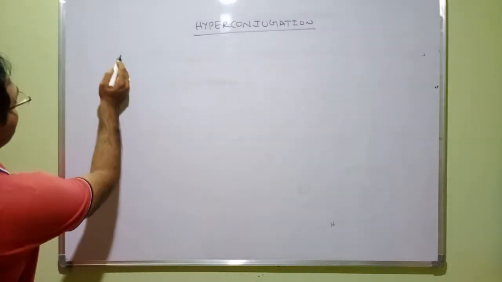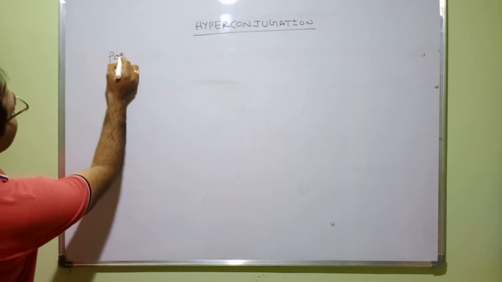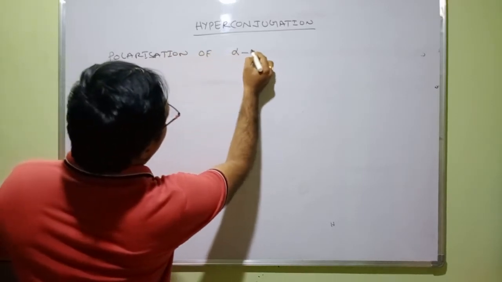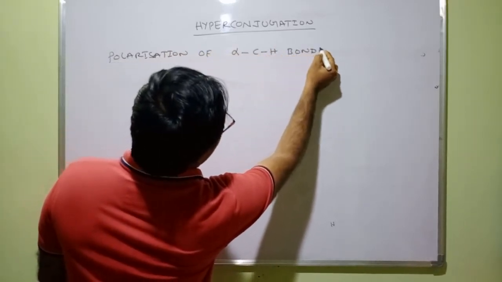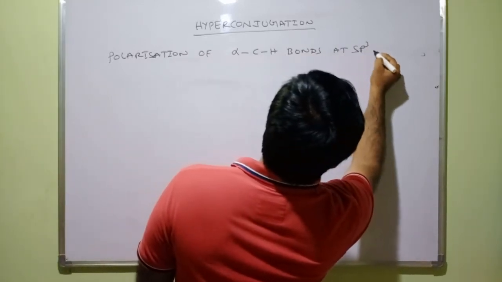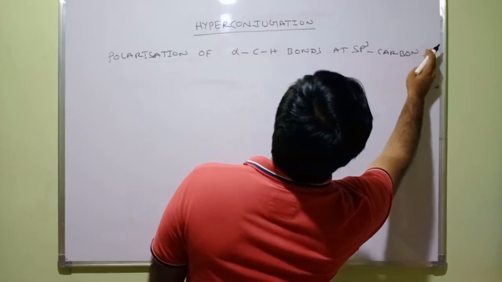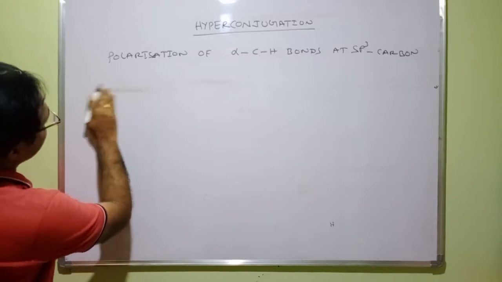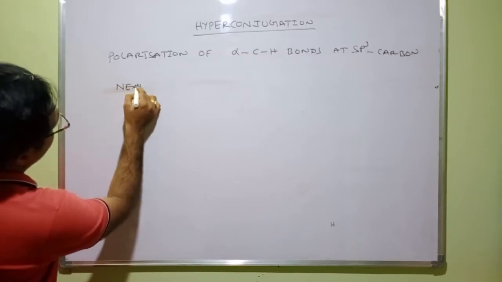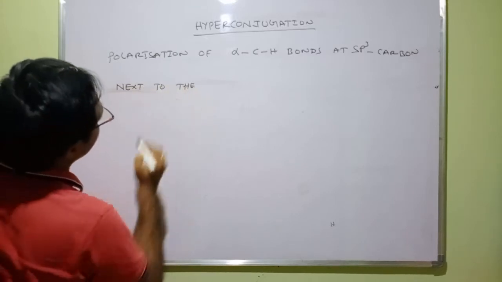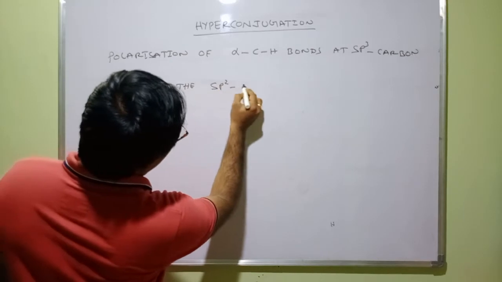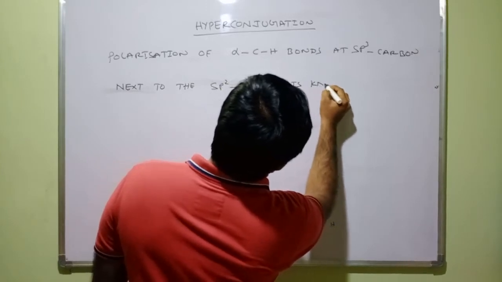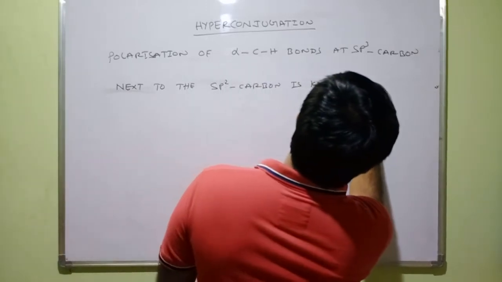So I can also write on the board here: polarization of alpha CH bonds at sp3 carbon next to the sp2 carbon is known as hyperconjugation.